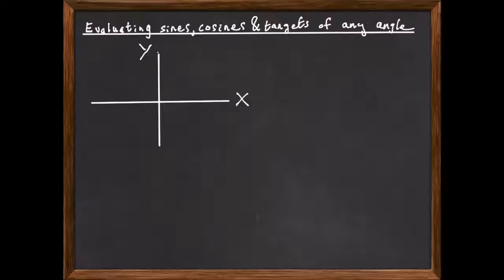The four quadrants are defined like this: first, second, third, fourth. For a point P that lies in the first quadrant, both the x and the y coordinates are positive.